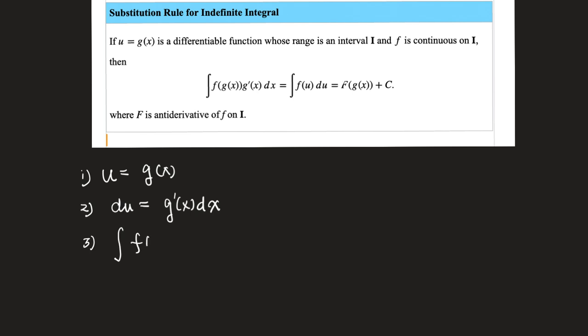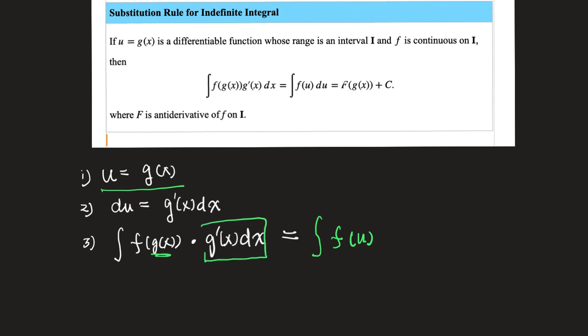The integral of f of g of x times g prime of x dx right there. You're going to substitute from steps 1 and 2. So g of x is u, and g prime of x dx is du, right?